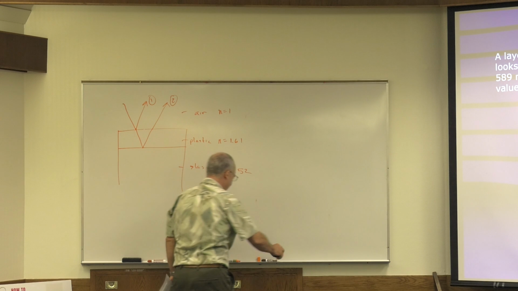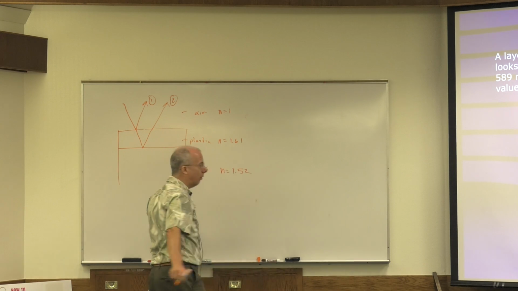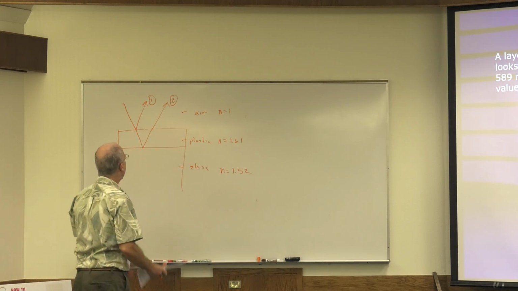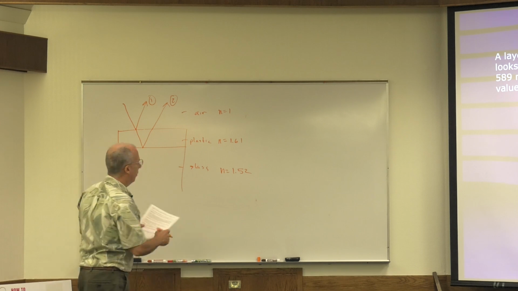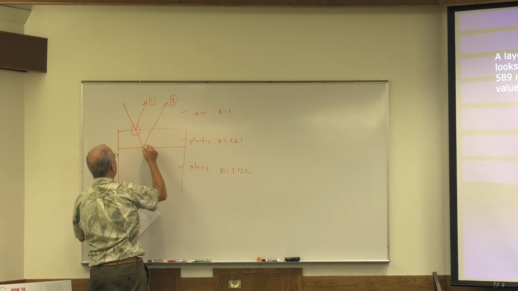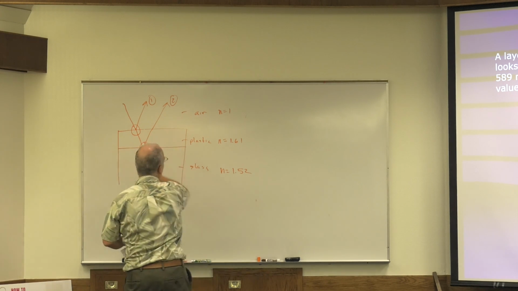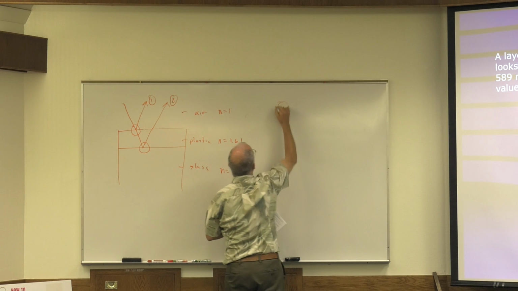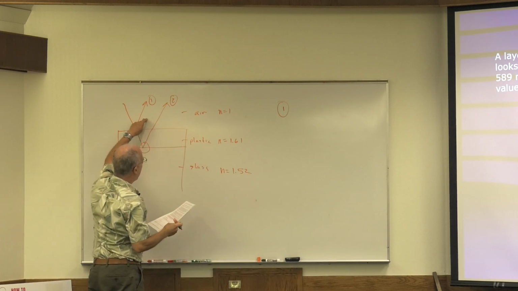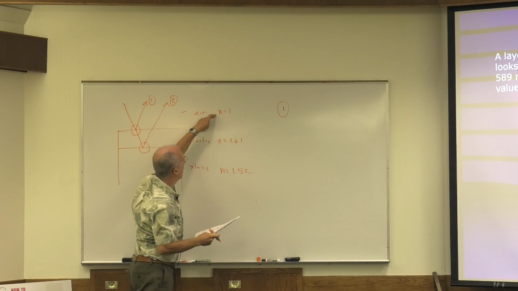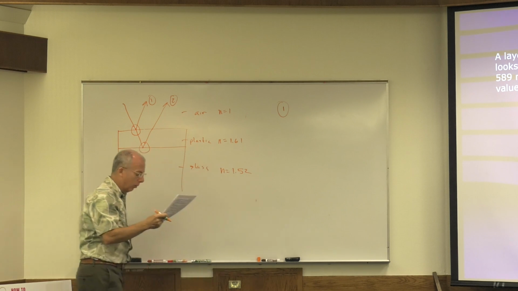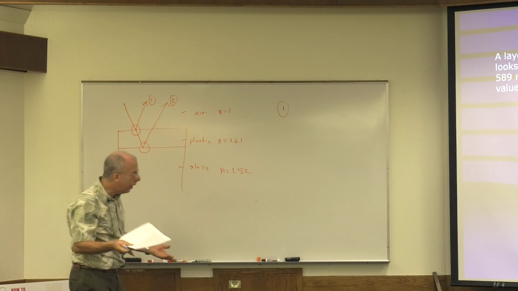Okay? So here's my great picture. All right, so where are the reflections? Reflections are here and here. So let's look at number 1. It's going from air to plastic, 1 to 1.61. What's going to happen? It's going to flip.